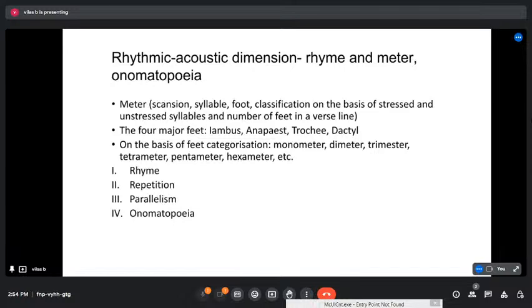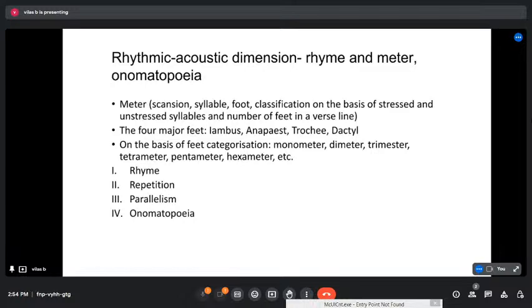As you know, phoneme is the minimum distinctive unit in phonology, in phonetics. You are already aware that there are 44 phonemes in English, 20 are vowels and 24 are consonants.